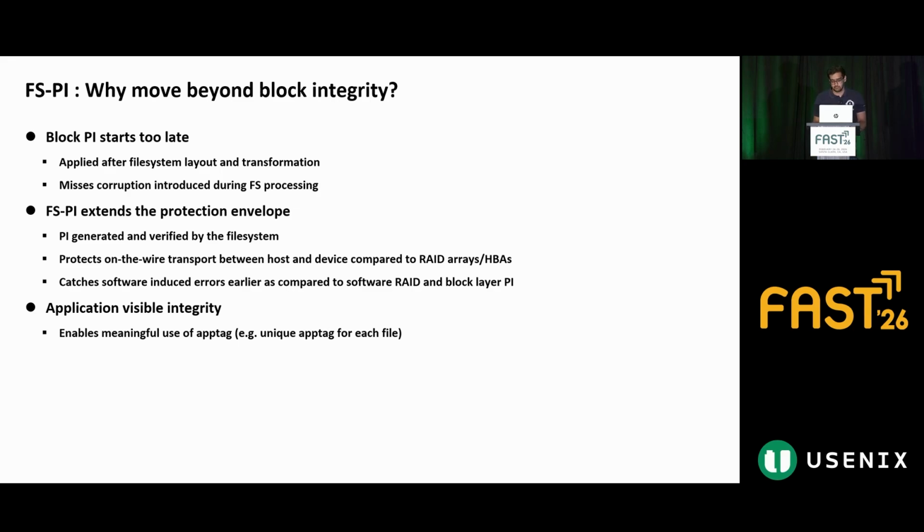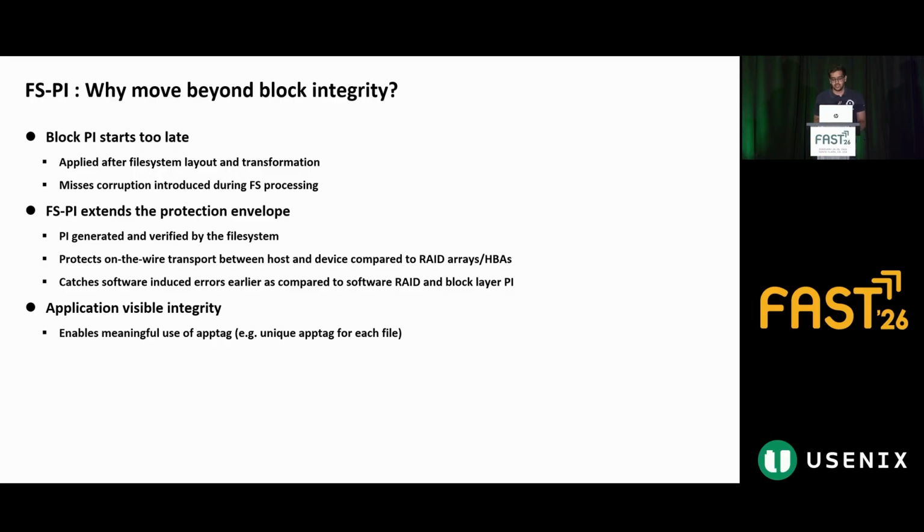Then our last and most important contribution, which is the file system managed PI. Most of the heavy lifting and core plumbing for this was done by Christoph, so thanks for that. The problem is that block integrity starts too late.